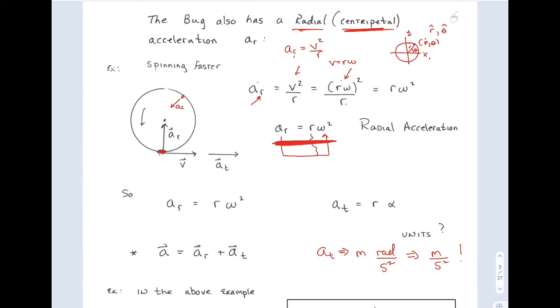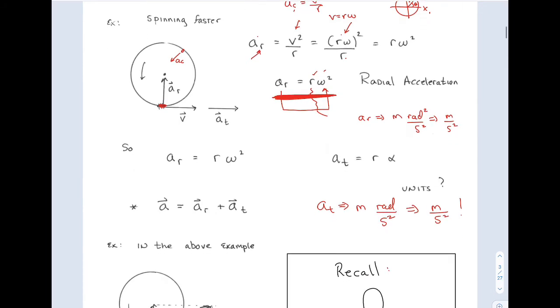And you can check, it'll have units of meters per second squared. r is in meters, omega is in radians per second, but it's squared. The radian is a dimensionless quantity, and you would be left with meters per second squared. So that's our radial acceleration, and that's our tangential acceleration.